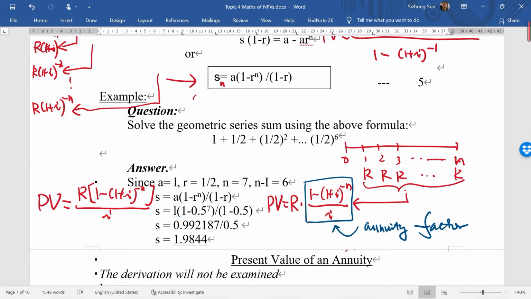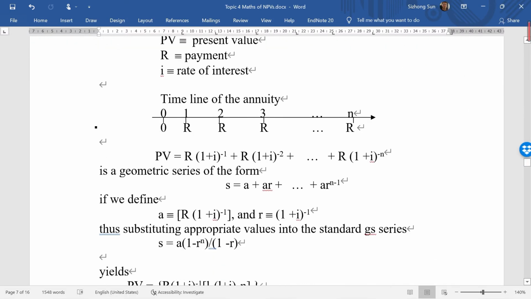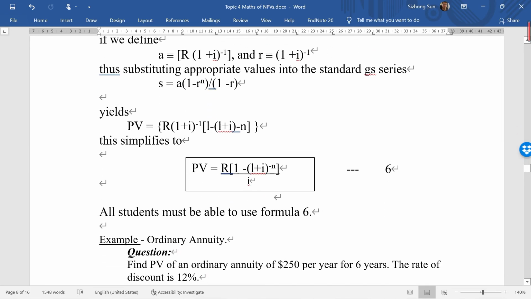Everything else equal, a higher discount rate means a lower present value, because you discount each term more heavily. So the present value of an annuity is just the per-period payment times the annuity factor. That's where this formula comes from.